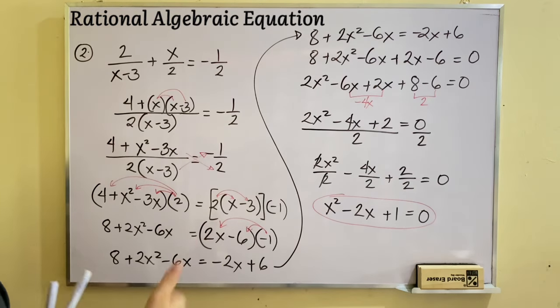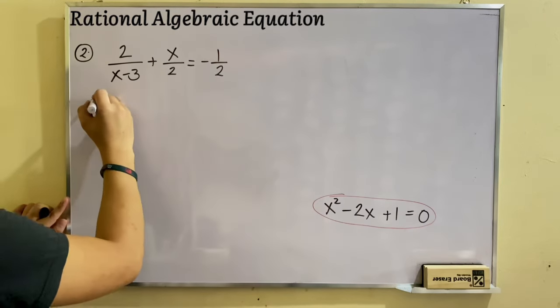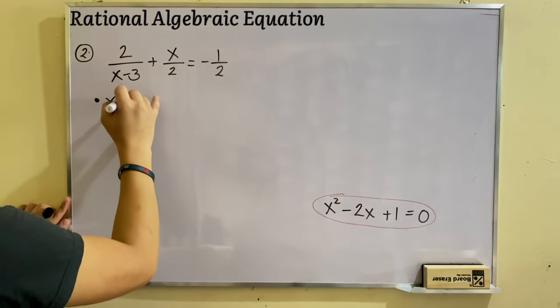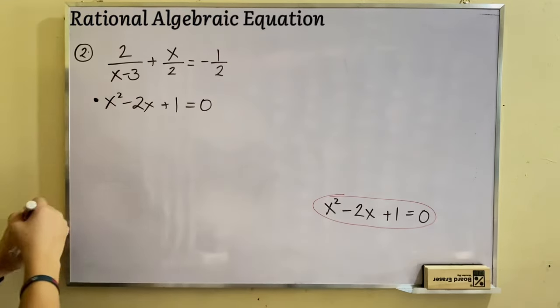Gets? Okay, so since itong quadratic equation is equivalent dito sa rational algebraic equation natin, sulat ko na lang dito sa tabi. X squared minus 2x plus 1 is equal to 0.